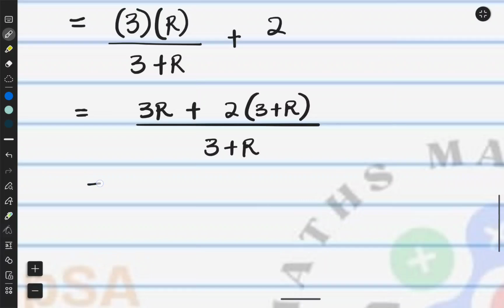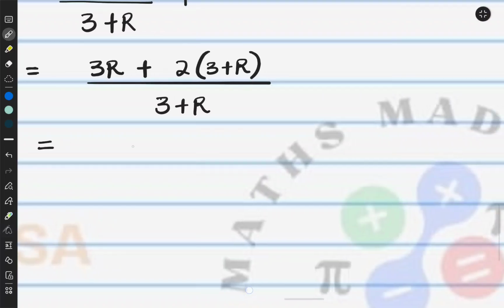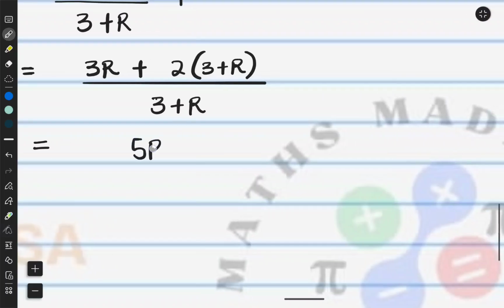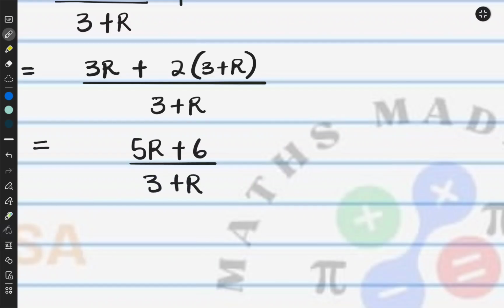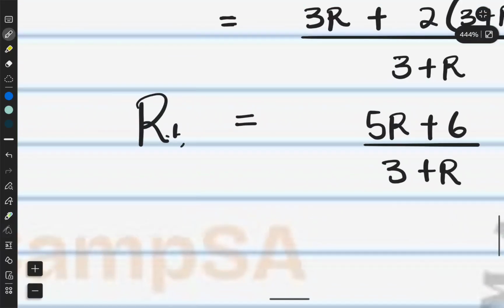So that's maths. It's maths at this point. It's not physics. It's just maths. So now this means you would get 3R plus 2R, that's 5R, plus 6, all this divided by 3 plus R. Now this is an expression for the total resistance. Okay, that's my R tot.